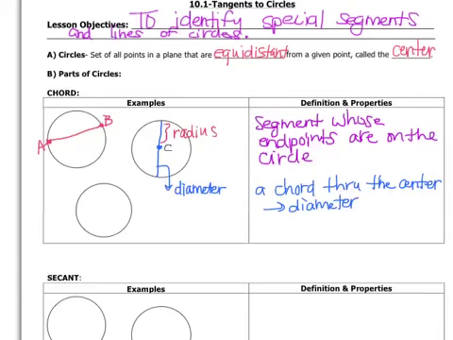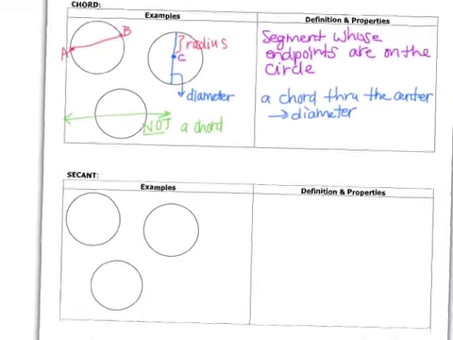Let me show you something that is a non-example, something that is not a chord, and that would be this. This is not a chord because this is a line. A chord must be a segment. So what is this called? Well, that is what we call a secant.